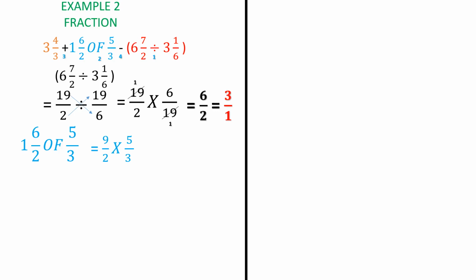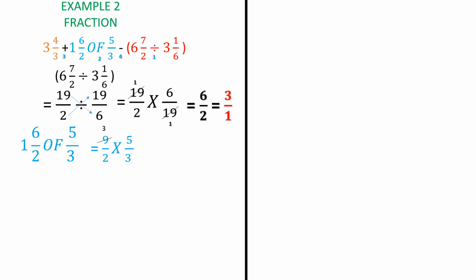Now at this stage, remember I said always try to simplify. Now we look if there is a number that can cancel either vertically or diagonally. So I have to look at 9 and 2, 2 and 5, 5 and 3, and 9 and 3, if there is a common factor. Now when I look at it, there is a common factor between 9 and 3, and that factor is 3, which means that 3 can divide itself one time and divide 9 three times.